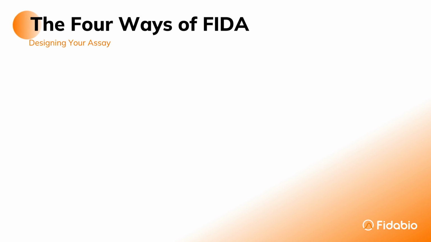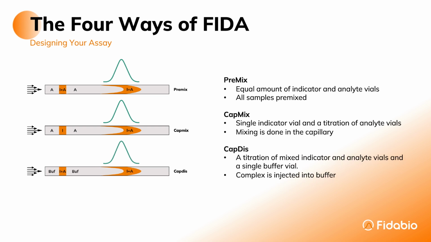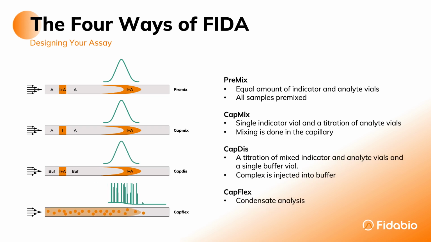There are four ways of doing a FIDA experiment: premix, capillary mix, capillary dissociation, and capillary flow experiments. With premix, you have an equal amount of indicator and analyte vials, and all of the samples are premixed prior to injection. Using capillary mix or cap mix, you have a single indicator vial and a titration of analyte vials.